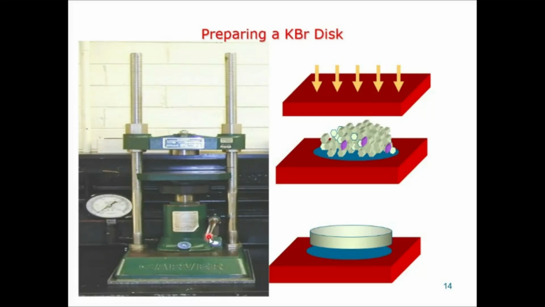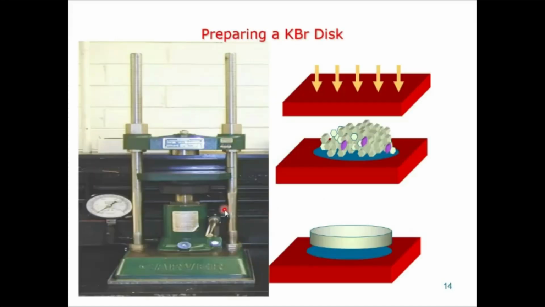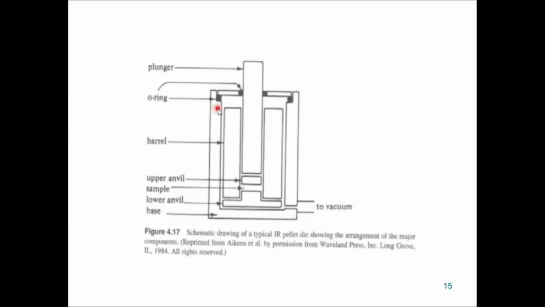You press it from the bottom, and it gets pressed upwards. These are big supports. So when it is lowered, you get a compressed pellet in KBr. The cavity which I told you about looks something like this.